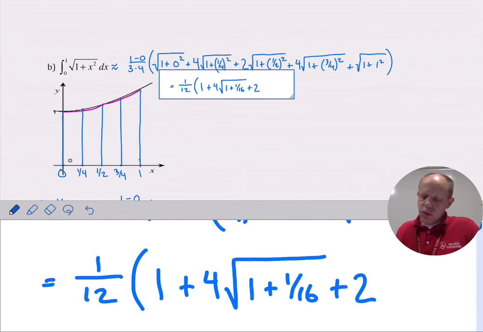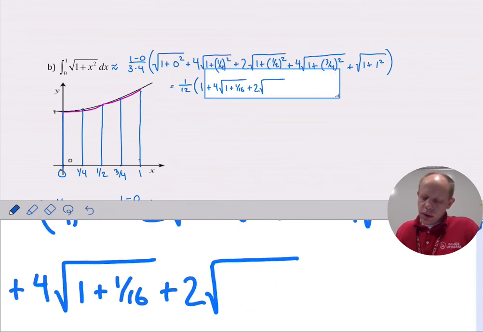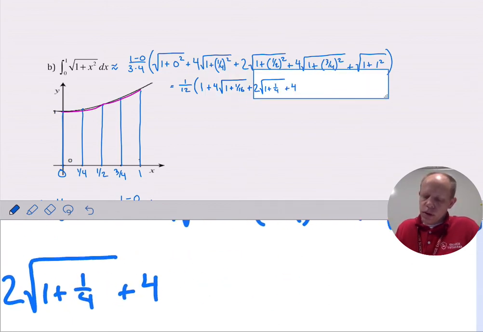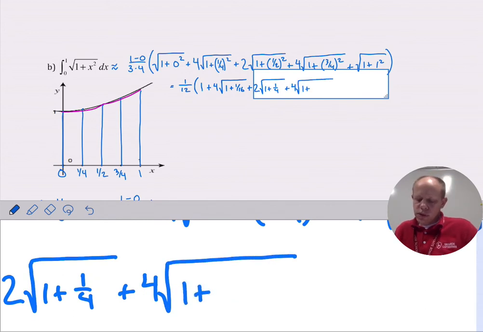The second one will be 2 times the square root of 1 plus 1/2 squared, which is 1/4. The next one will be 4 times the square root of 1 plus 3/4 squared, so that's 9 over 16. And then plus the square root of 1 plus 1 squared, square root of 2.